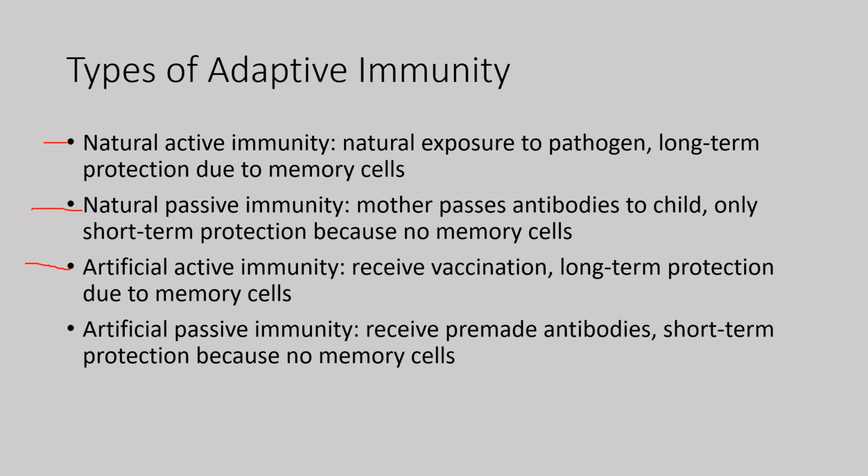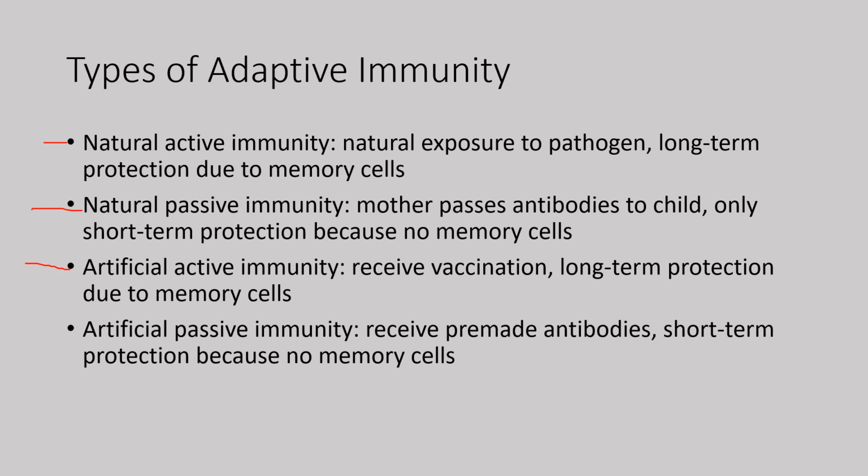It's going to trigger those helper cells and the B cells, and it will give you long-term protection because you're going to make the memory cells. Do you get the actual disease? No. You were exposed to the antigen, but you don't get the disease, and we are getting much better with production of our vaccines, as we'll see in a moment, to prevent you from getting the actual disease.